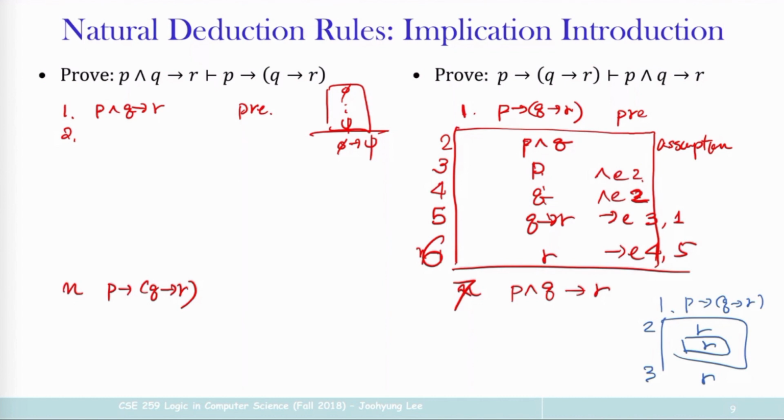It doesn't mean that I beat the dog, right? So P and Q implies R is the go-to proof. It doesn't mean that P and Q is necessarily true. If you assume P and Q is true, then I can derive R. That's what the box is about. But if you put the P and Q outside the box, suddenly that becomes wrong.